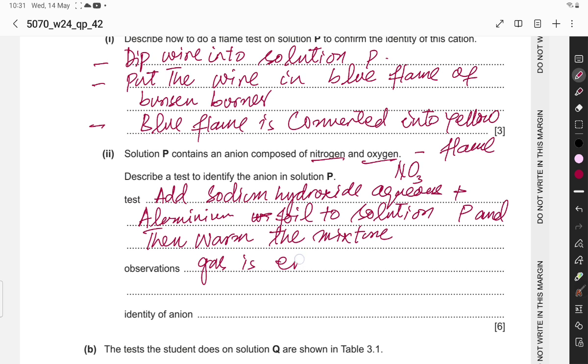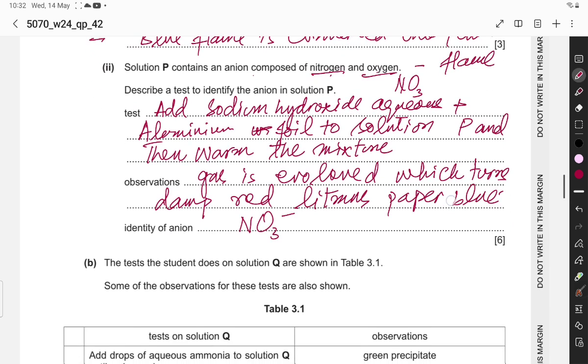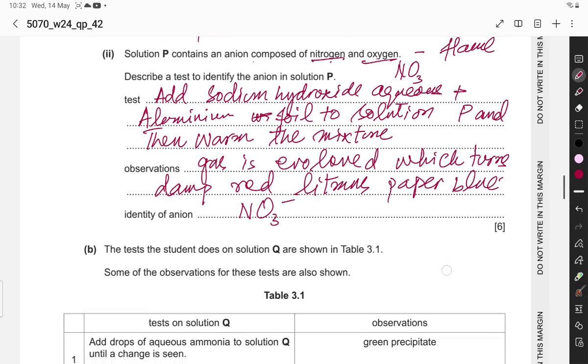Gas is evolved, which turns damp red litmus paper blue. The identity of the ion is nitrate ion, because the anion is composed of nitrogen and oxygen, so it will definitely be nitrate ion.